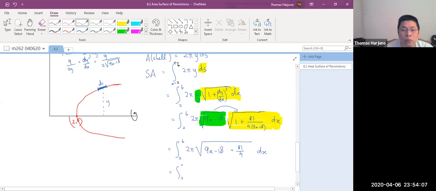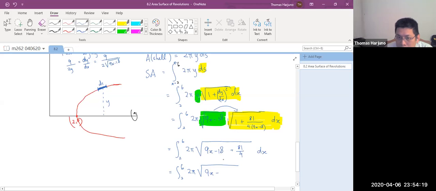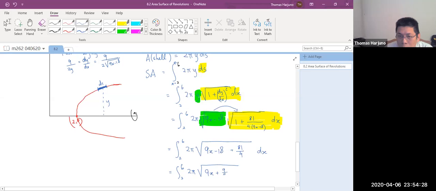Integral from 2 to 6, 2 pi square root of 9x minus... Repeat again. I think this is plus 9 over 4 dx.